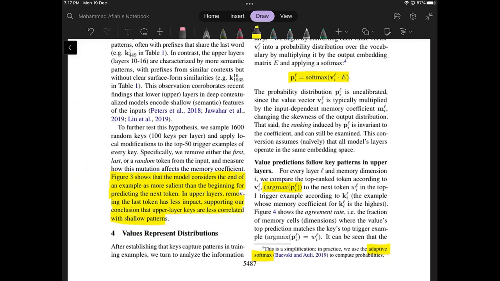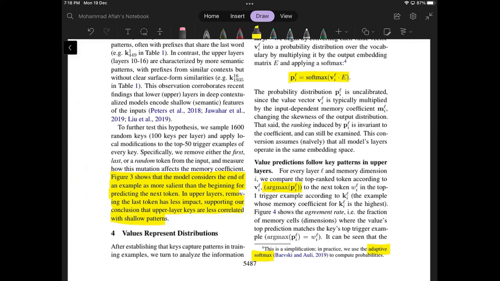So what they're trying to do is look back into the training sentence, find the next token which should occur according to that training sentence whose pattern is captured. They're also taking the training sample which had the highest trigger, and seeing if that particular token is being given the highest probability mass.